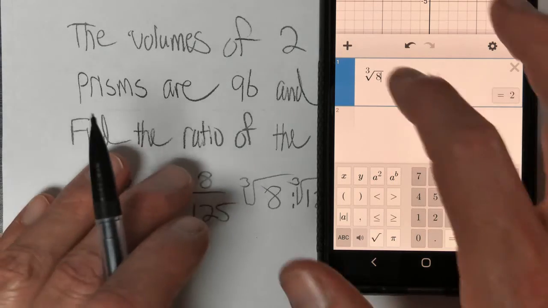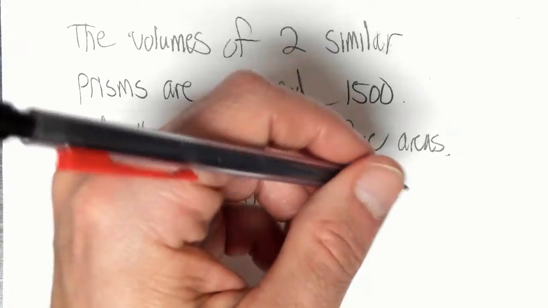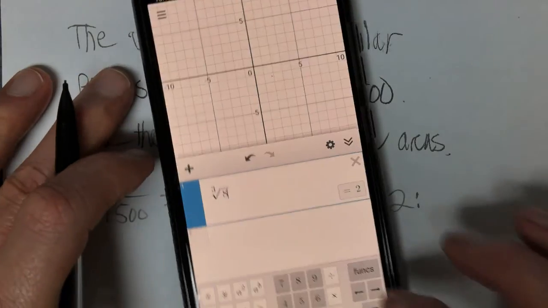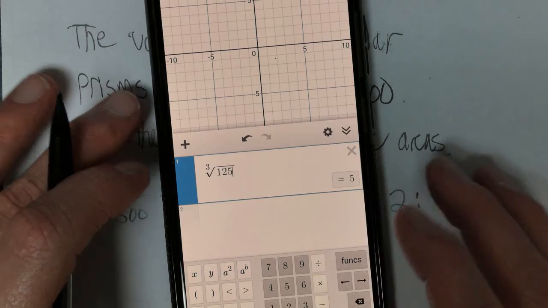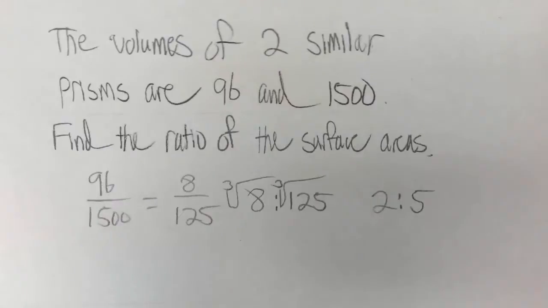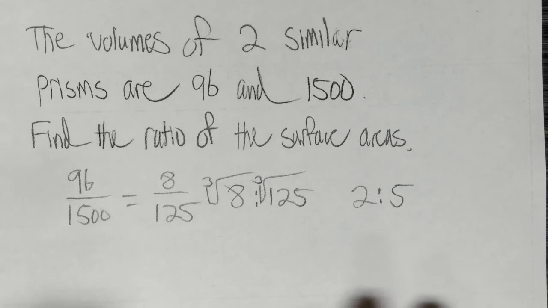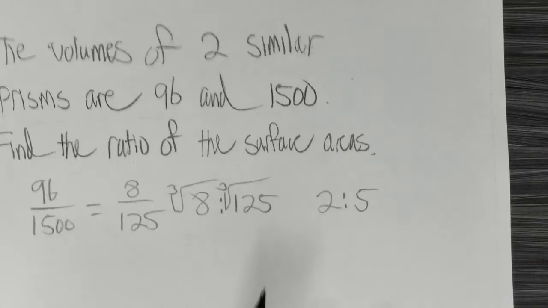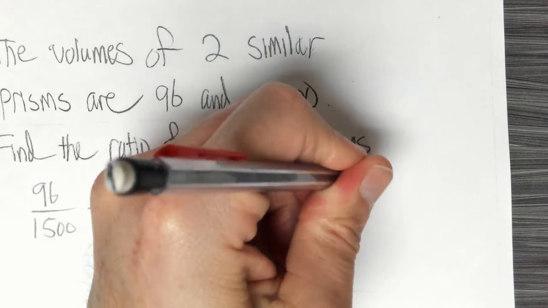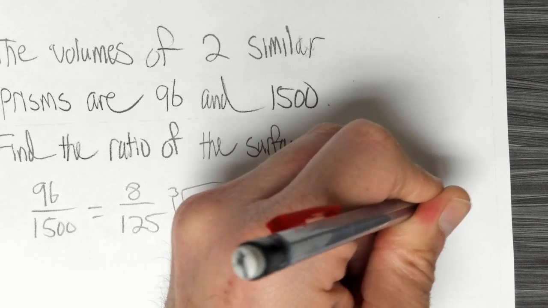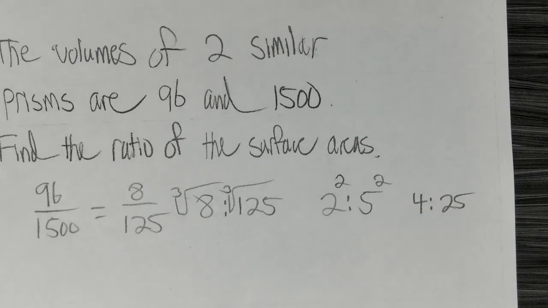Right? So I can go back here now and make that a 2. And for 125, the cube root of 125 is 5. And so when we take it down to first power, the ratio is 2 to 5. But remember, I've taken it from third power to first power, but I'm looking for surface area, which means I need to square it back up, which would give me 4 to 25 as the answer.